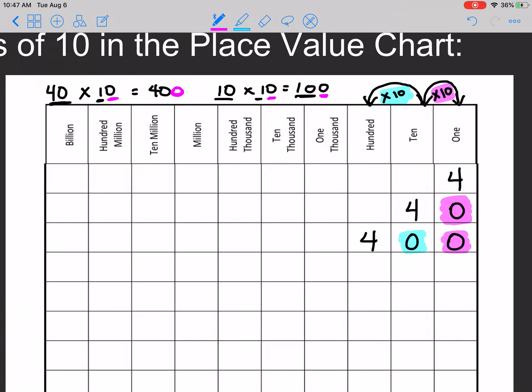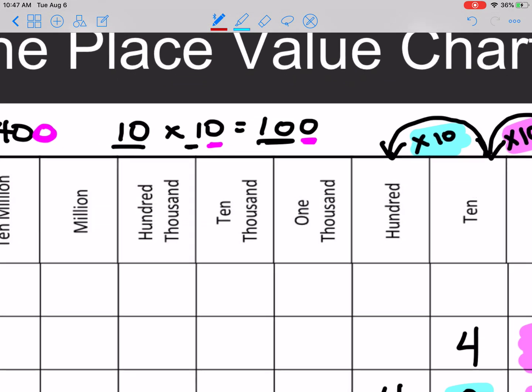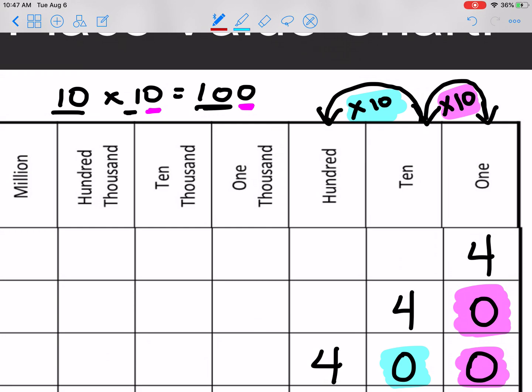Also notice how many zeros are in 100. Let's look at that a little more closely. So I have 1, 2 zeros in 100.